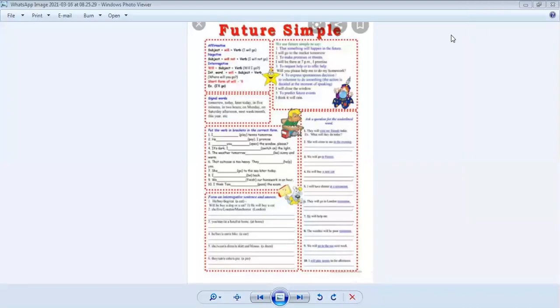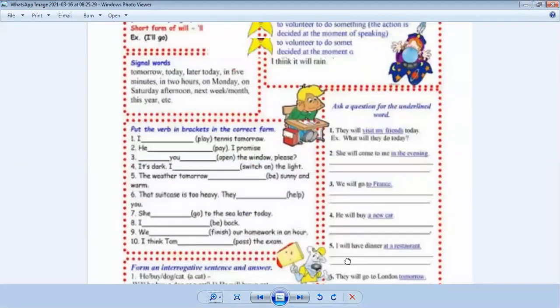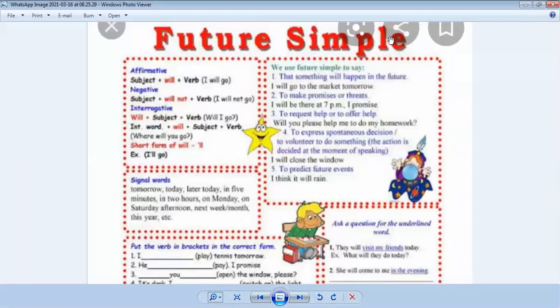Okay, let's start our new lesson. Our new grammar lesson is about the future simple tense.